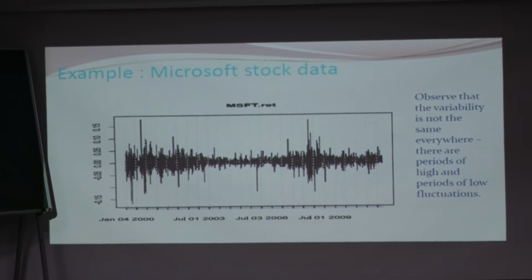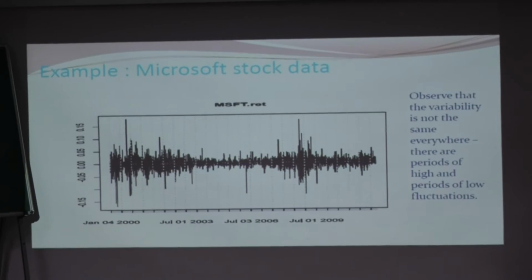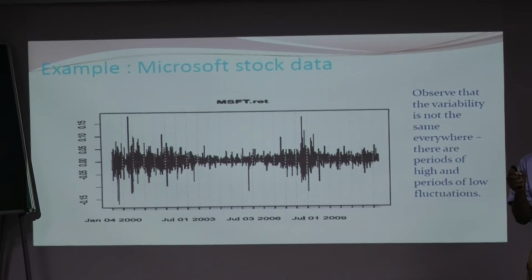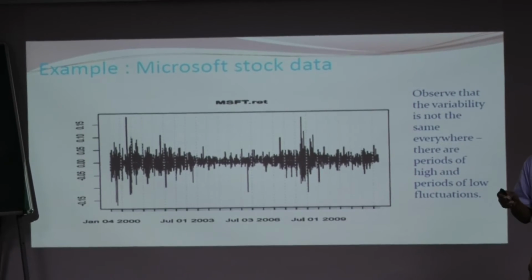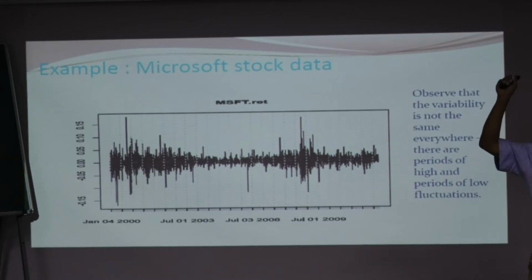Why stock markets? Because stock markets are very susceptible to various changes. For example, we had the election results yesterday, and the stocks can either go up very quickly or go down very quickly. Before every budget, before every election, they start fluctuating like anything.